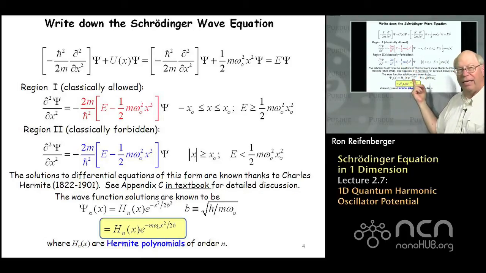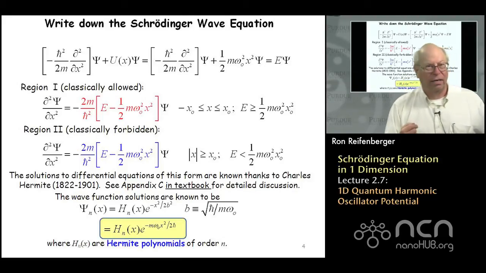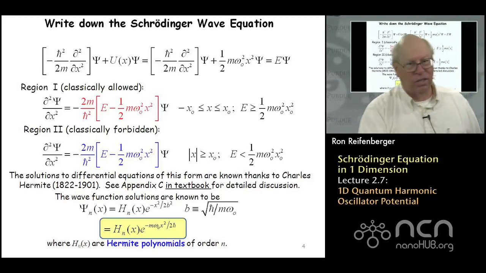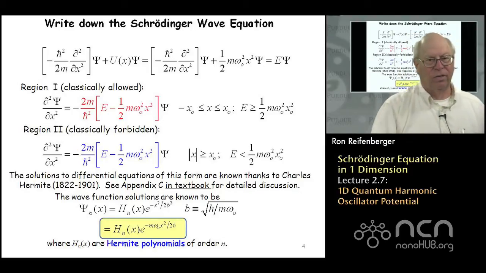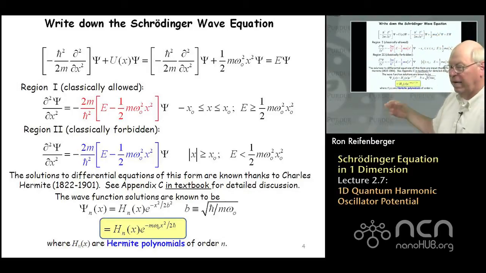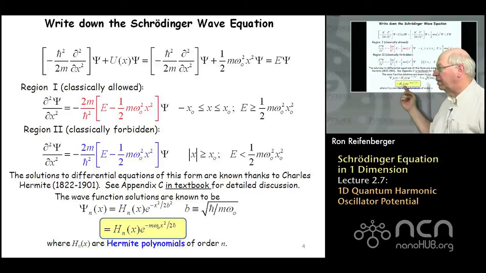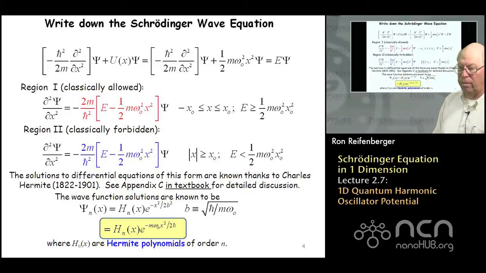And then multiplying this exponential function, there's something called a Hermite polynomial, which we'll talk about in the next slide. These Hermite polynomials are subscripted by an index n, which basically tells you the quantum state of the particle that is obtained when a particle has a wave function specified by an equation of this form.